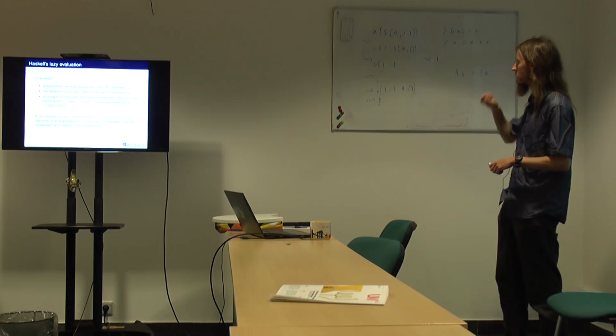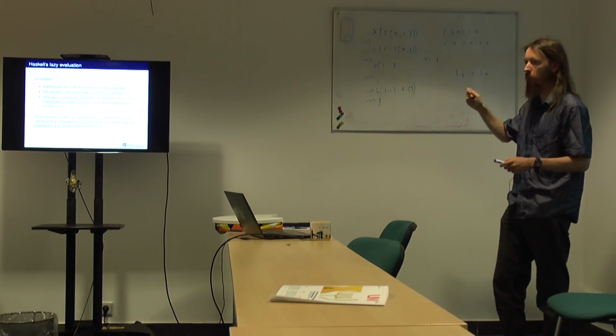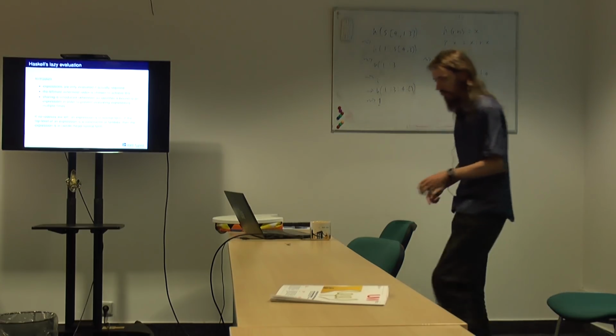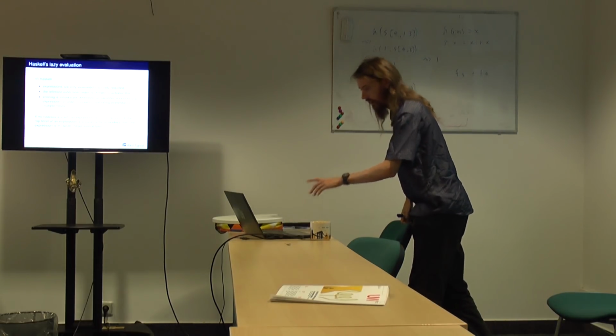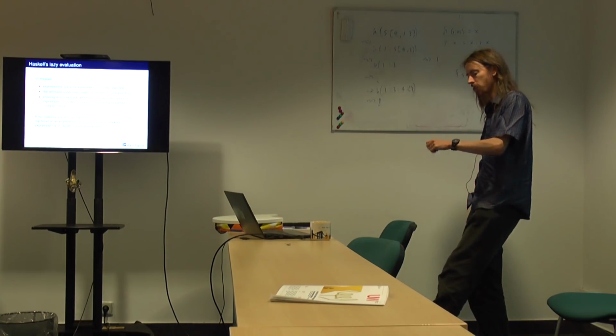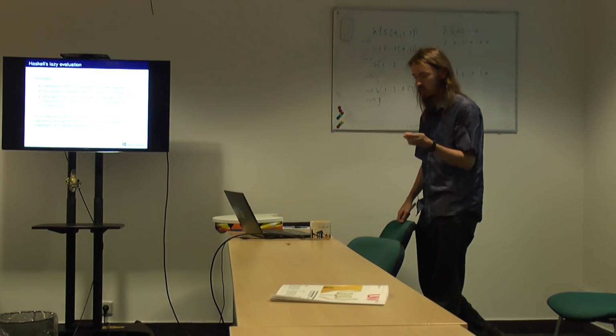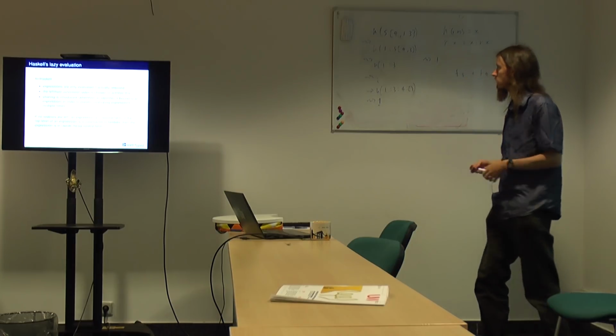So what is weak head normal form? We said that normal form is when there are no redexes left whatsoever. But weak head normal form is when the top level of the expression is either a constructor or a lambda.